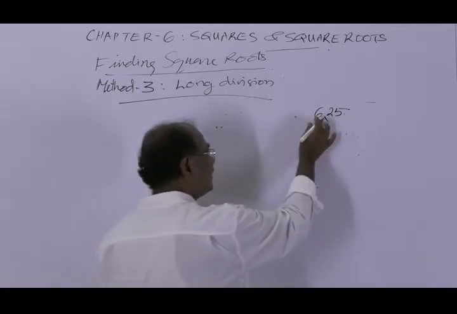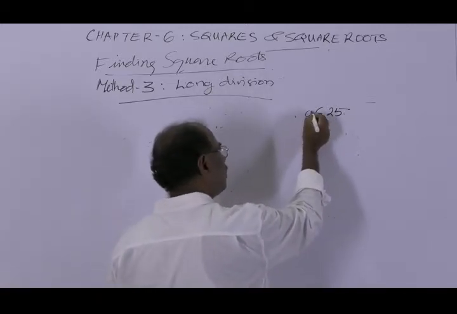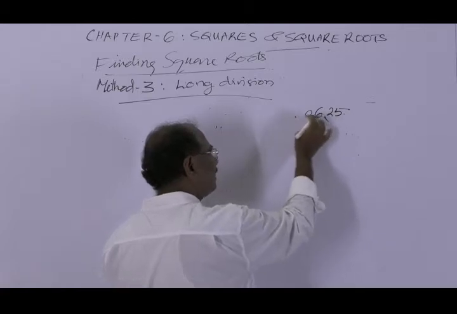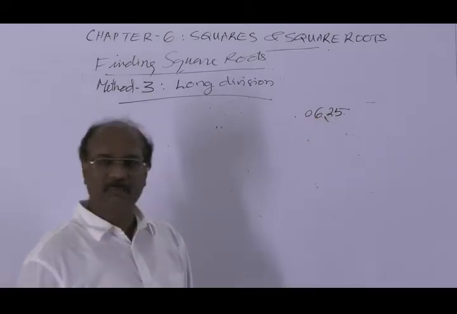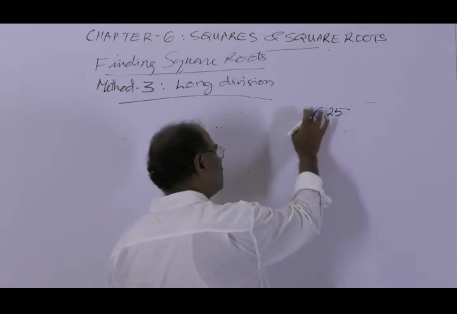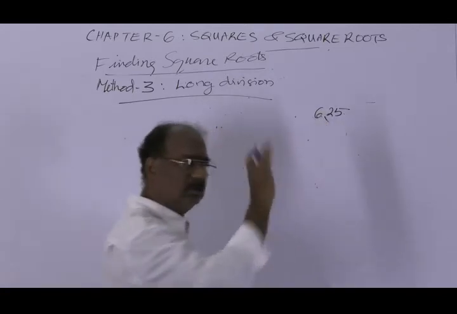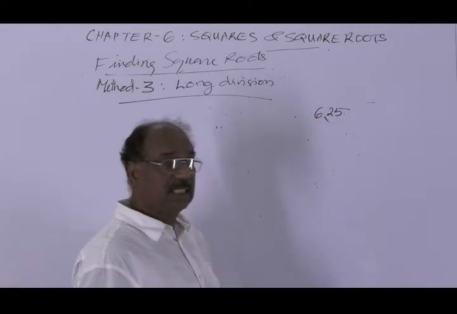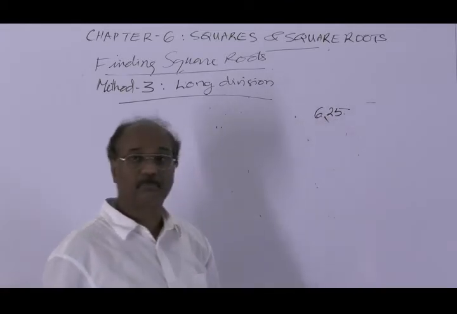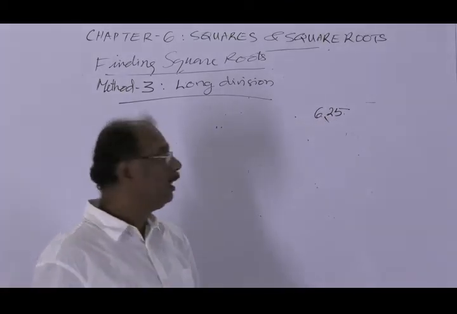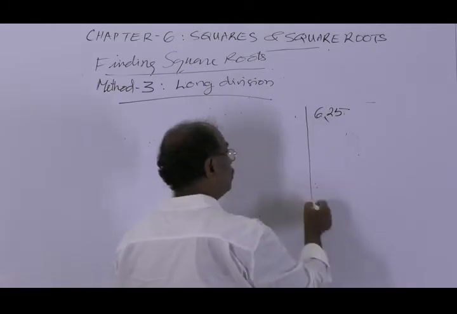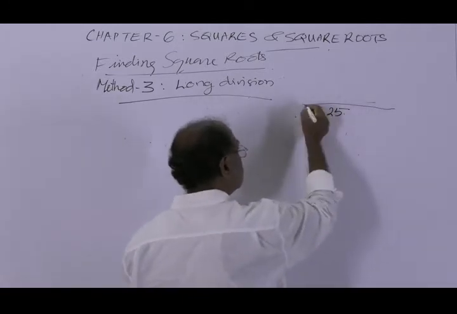Then here only 6, so we may assume there is a 0 also, 06, and consider this as a pair, but we did not write the 0 here. So 6 here, 25. And then draw 2 lines here for the division process.